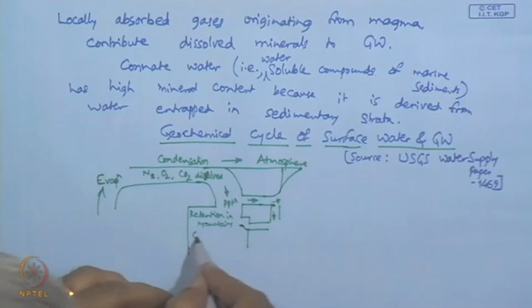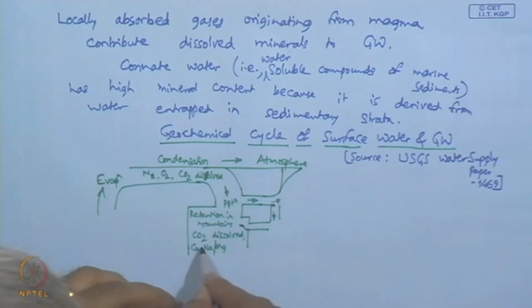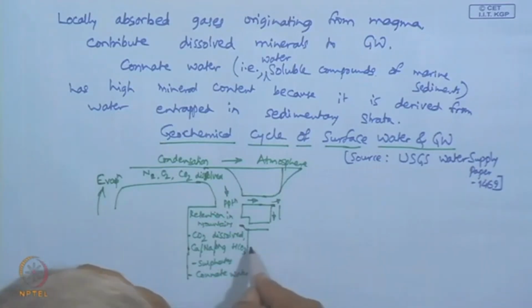It gets added with CO2 dissolved in soil, then calcium, sodium, magnesium bicarbonates, and then it also gets added with sulfates, and also connate water. So, all these things.